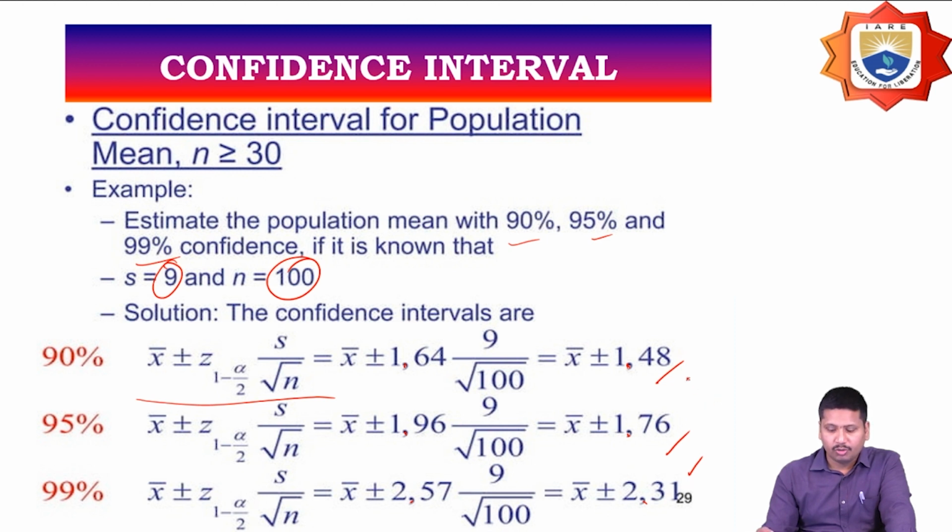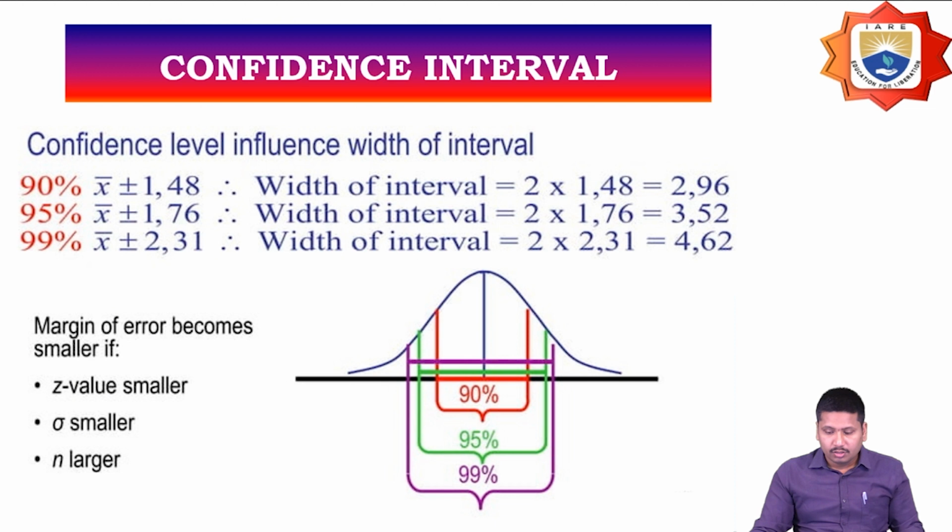So like this you can estimate these confidence intervals between the lower limit and upper limit, and the middle of the confidence interval can be calculated here. And the confidence level with the interval width has to be calculated.